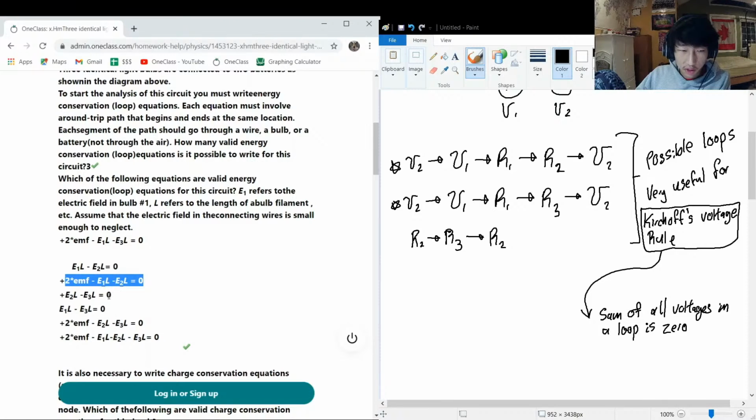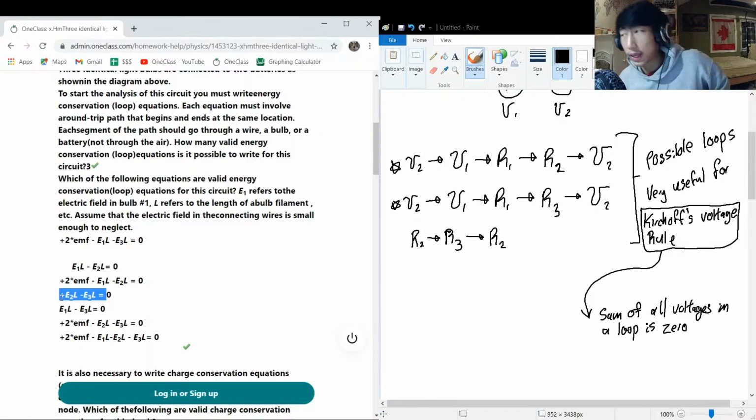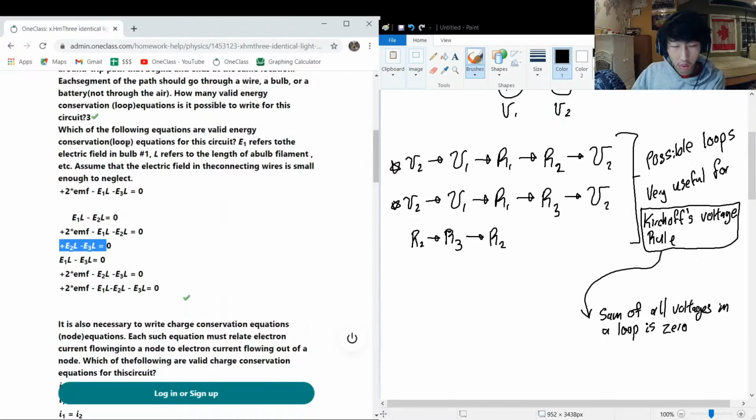And that corresponds to this one, and they're going to have opposite signs because you need to take into account that you're going to go through one of the resistors backwards, which is going to translate to a negative voltage. Okay, cool. So for our final answer, it would be this one, this one, and this one. We can make corresponding KVL, or Kirchhoff voltage law, equations to correspond to that.